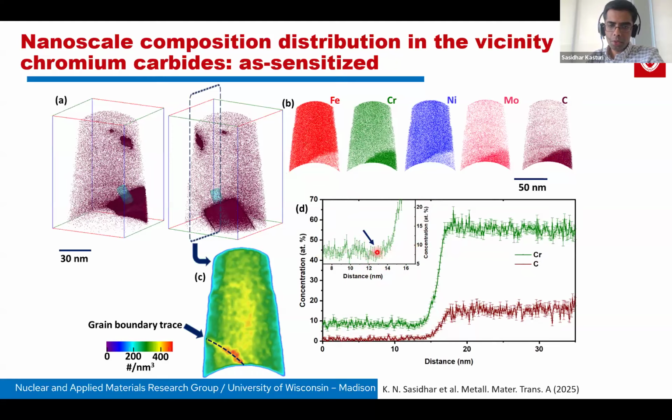It's almost going to 7 to 8%. And that is classically expected from sensitization. That's what textbook knowledge tells us. And we see that very evidently here from the atom probe results. So that is nice, but the more important thing is how does this get transformed in the surface engineered material?